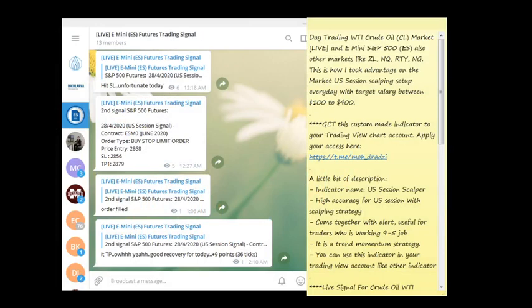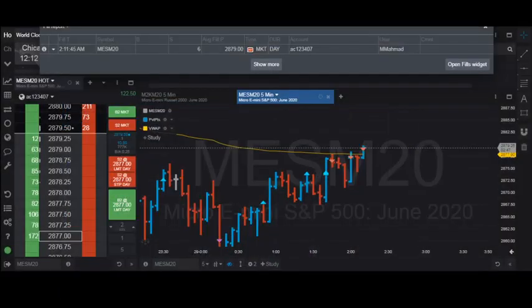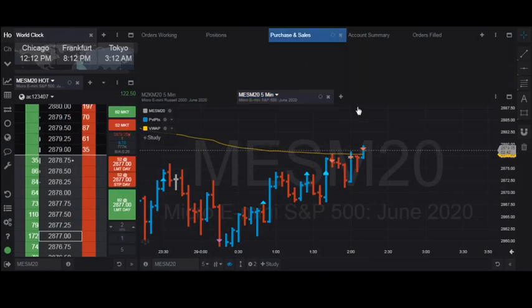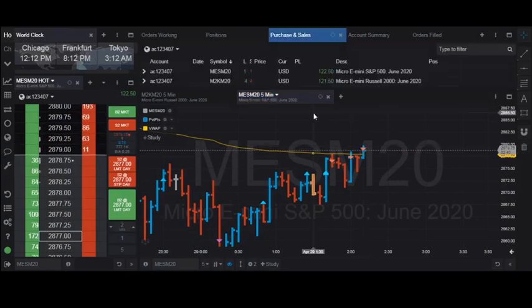You can see that the target is 79, so we already hit 79. This means 9 points secured and 36 ticks. Alright, it was a good one, good profit for today. So we end up positive for today with a recovery and with the extended position size. Let's take a look at the platform on my purchases and sells for today. So we end up with 240 US dollars in total profit.